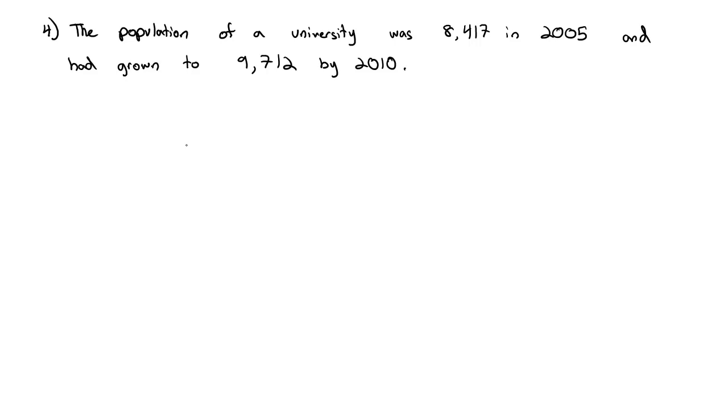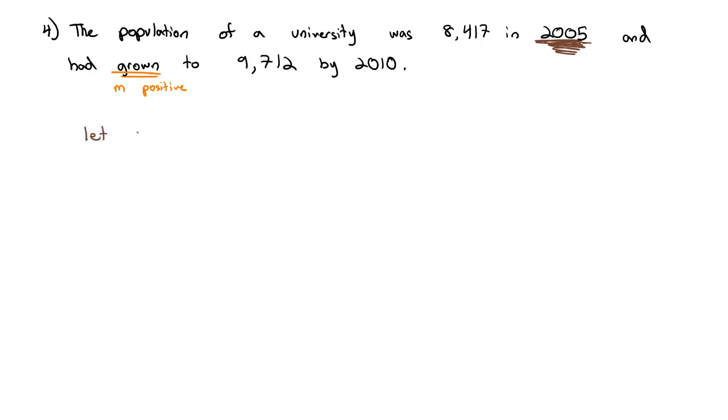Well, one thing I notice is the population is growing, so I would expect my slope to be positive, because a positive slope would represent growth and increasing. Another thing I want to do to make this problem a little easier is, let's say we are going to start in 2005. We're going to say 2005 is the beginning of all time, because that's kind of our starting point for our information here.